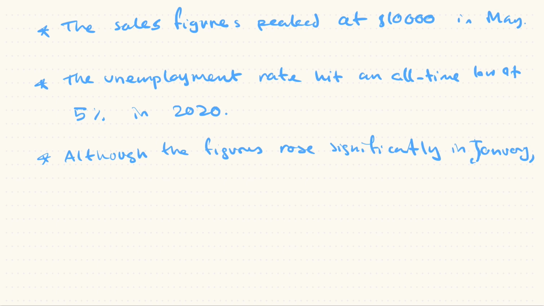So this is rose significantly and fell to a trough. Essentially, if you can imagine, the graph looks like this.